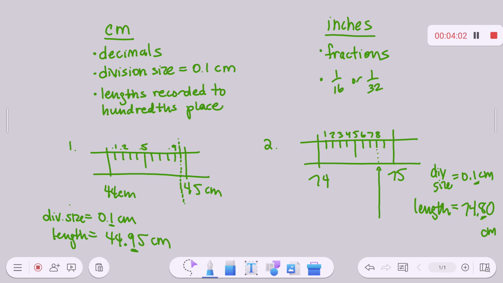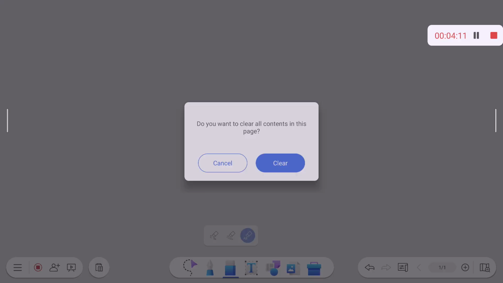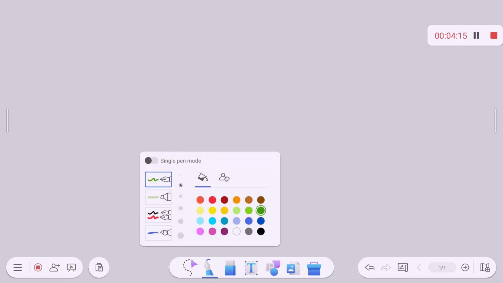Now, let's take a look at inches. Can I erase this? Okay, so inches is a little bit different. So let's take a look at number 3. We've got 1 to 2 inches.